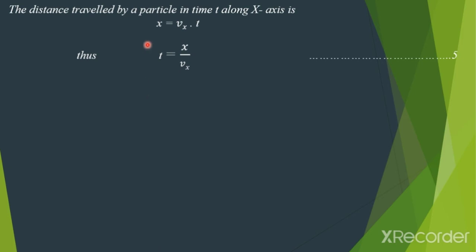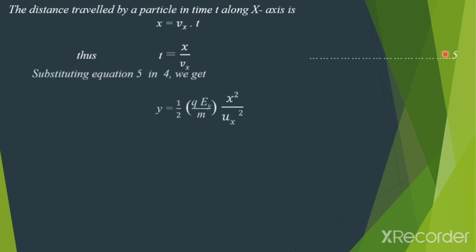The distance traveled by the particle in time t along the x-axis is x equal to vx into time. Friends, this is a simple formula: distance is equal to speed into time. Rewriting this, t equals x divided by vx. Call this equation 5.